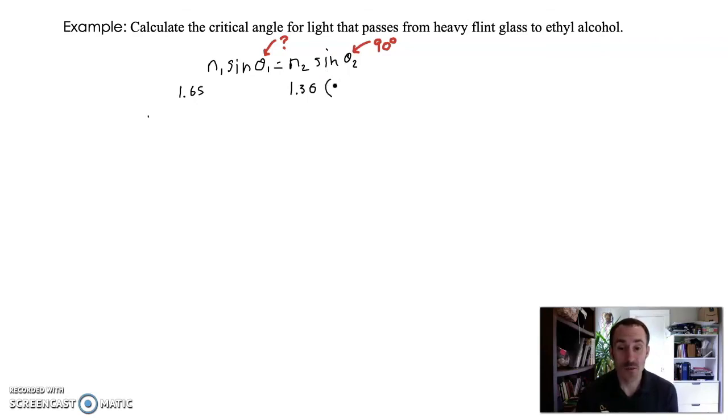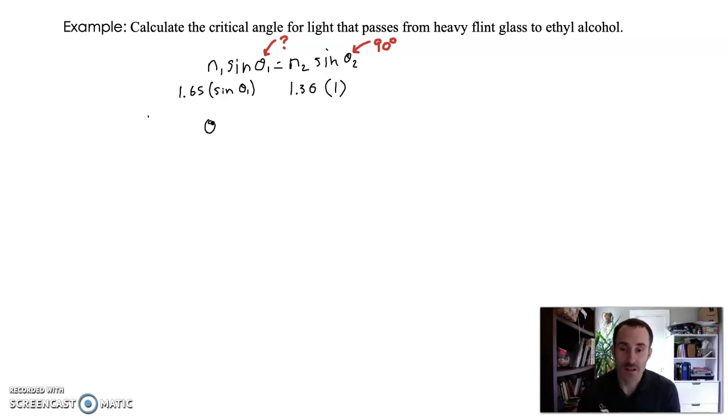So 1.36 times 1 is what we're getting on that side, and 1.65 times the sine of theta 1 on this side. I just have to divide by 1.65 in order to figure out the sine of theta 1 and then do the inverse sine.